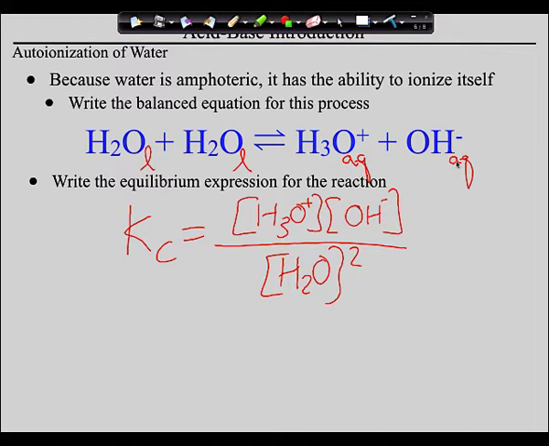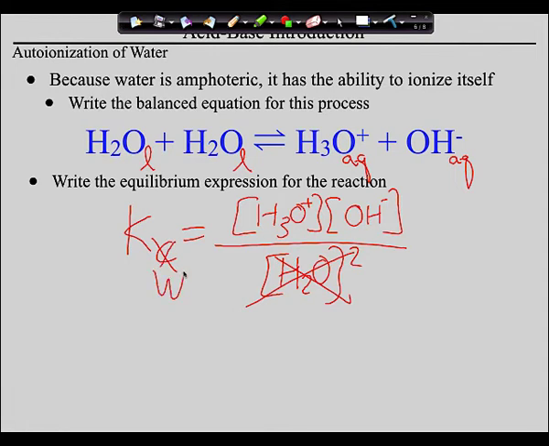The liquids or the solids, because they do not have molarities and they do not have pressures. So this is gone. And when we remove that, we now have the equilibrium expression that works only for what substance? Water. So we replace the C with a W.